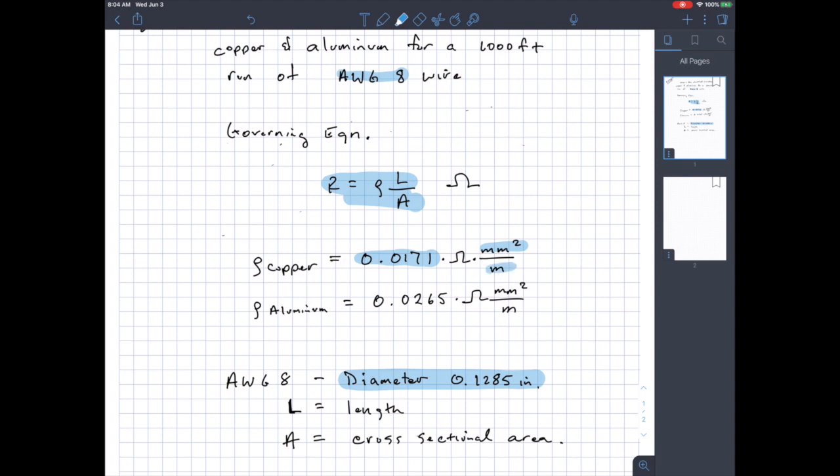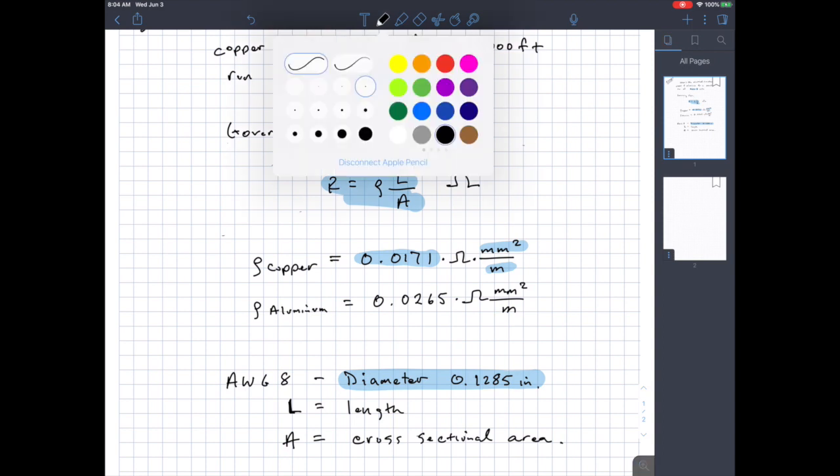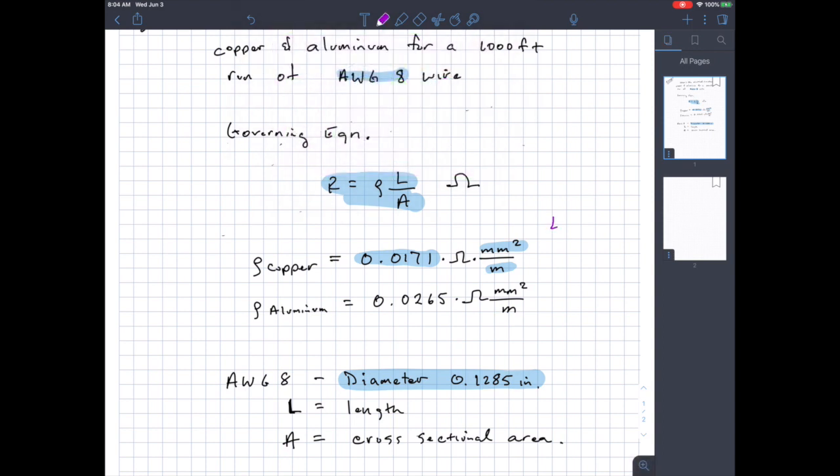Okay, so if we think about that in terms of base dimensions, what we have is an L squared on the top from millimeters, and it's a different L, but it's still L nonetheless. It's L on the bottom. And so you would expect resistivity to be ohms times length, or ohms times meter.